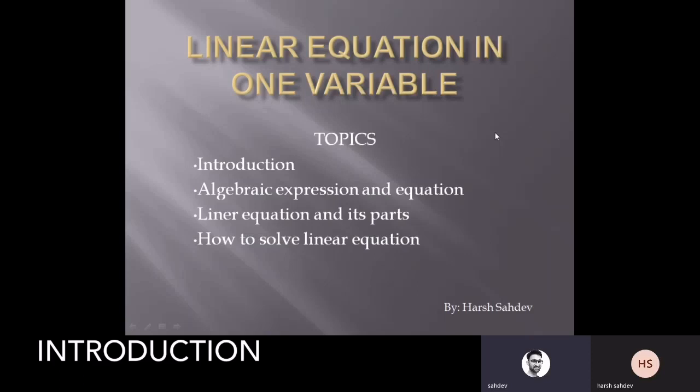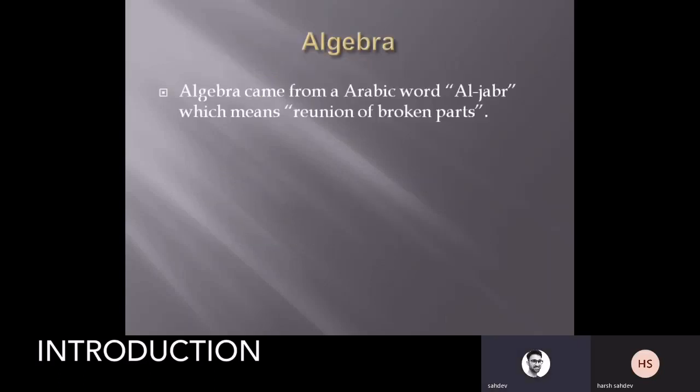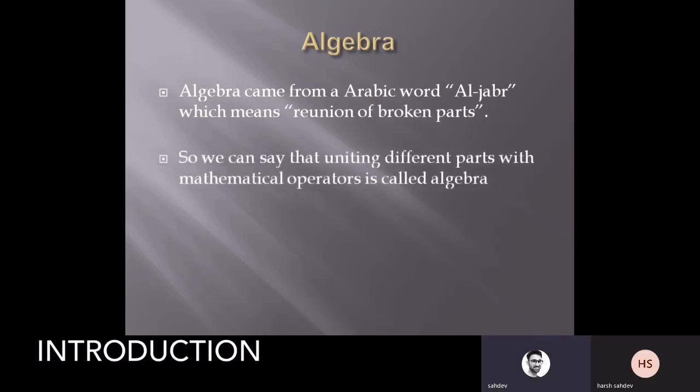First we will study what is algebra. Algebra came from an Arabic word, al-jabr, which means reunion of all broken parts. So if we unite all the broken parts, it becomes an algebraic equation.